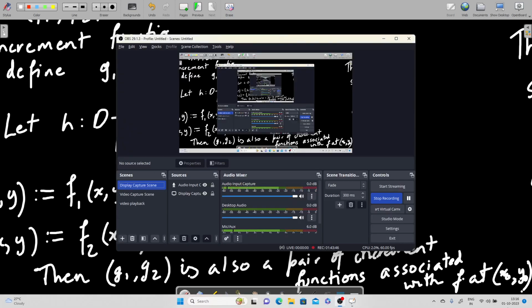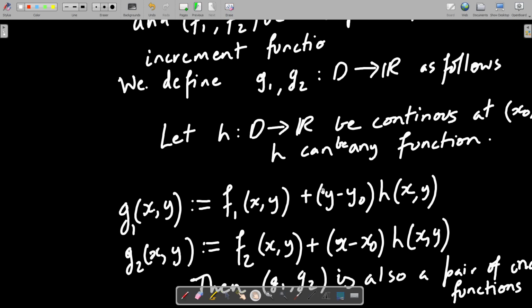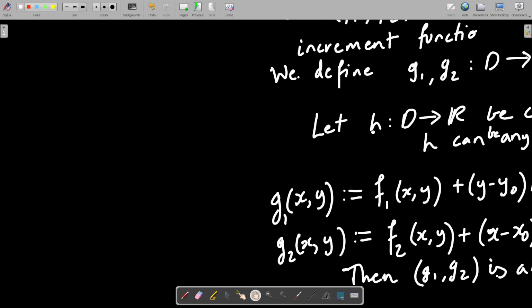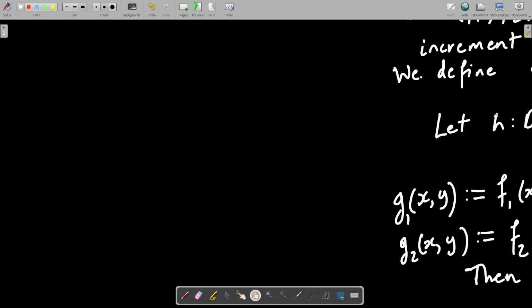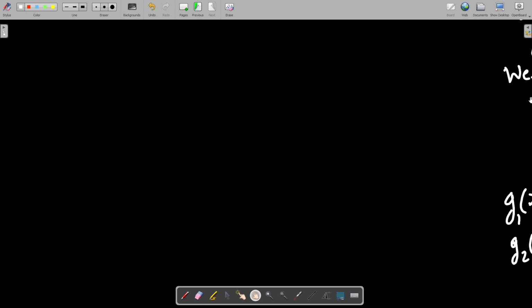Okay, so let me move a little left. The only thing I have to prove is that they satisfy that condition over there, that f of xy minus f of x naught y naught is equal to x minus x naught times that.